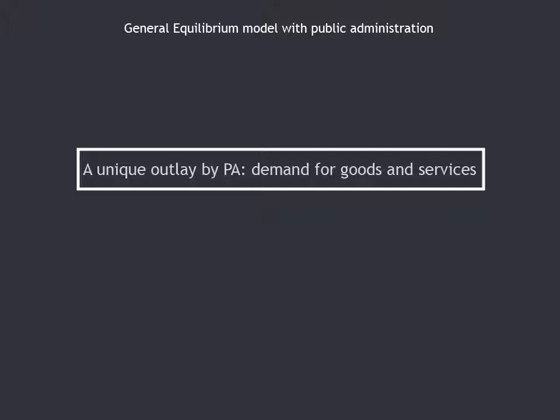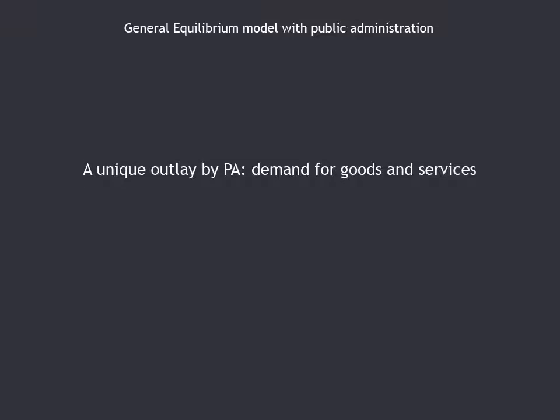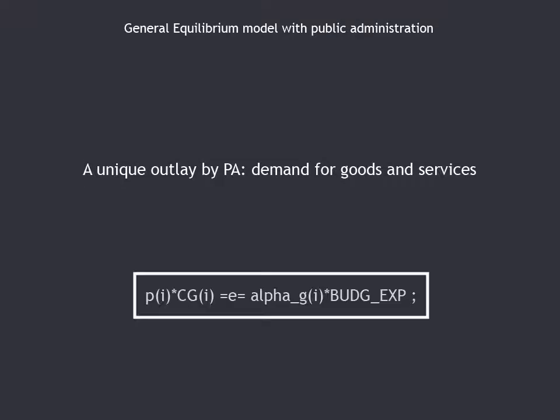So we also have to define the level of public demand for good I. This is something that I call CG_I. So in fact, there is a total public budget, which is called BUDG_EXP. This is defined by another equation, which is the budget constraint of the public administration.